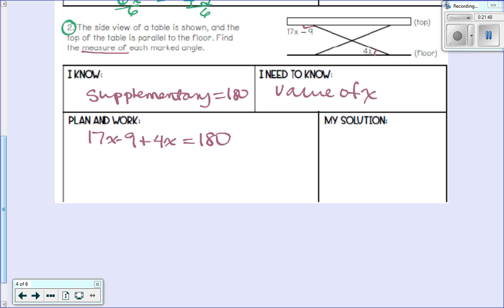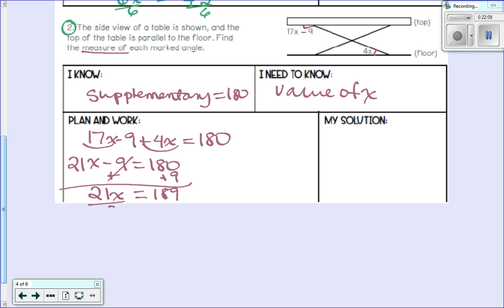Are we good with that? All right, so let's combine our x's, and 17x plus 4x is 21x minus 9 equals 180. Add 9 to both sides. Divide by 21. x equals 9. Are we good with that?